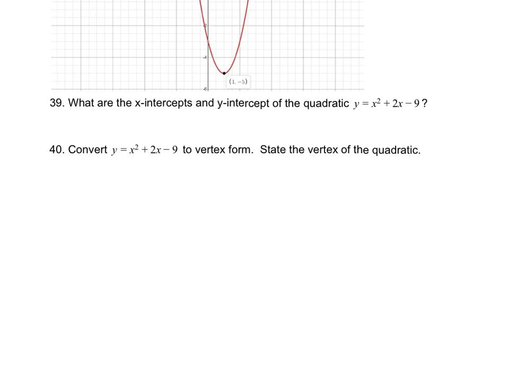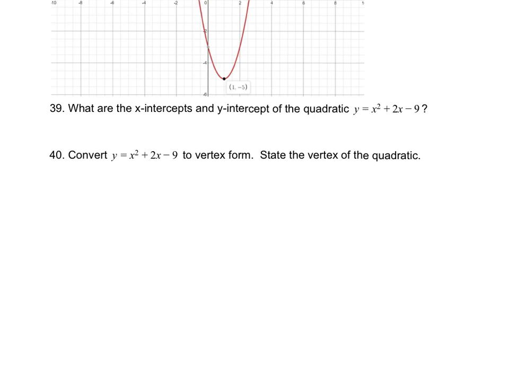We take x squared plus 2x minus 9 and put it in Desmos. When we graph that, we're going to find that the y-intercept is at 0, -9.